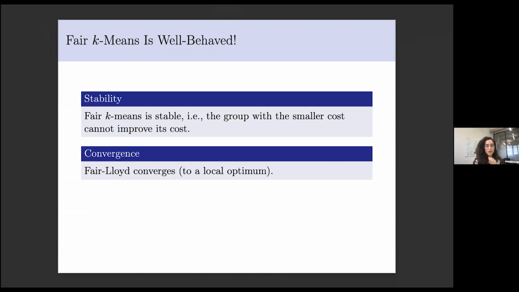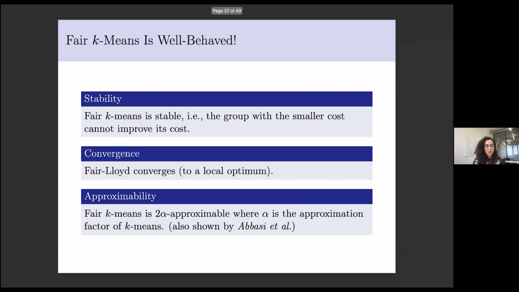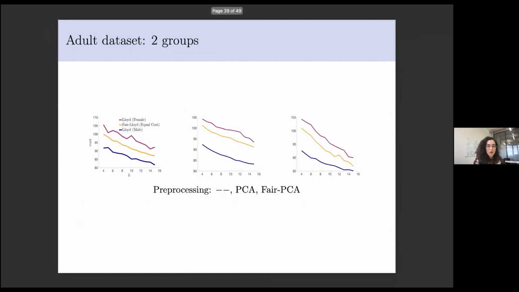Our fair Lloyd algorithm converges to a local optimum, and furthermore, if you have an alpha approximation for k-means, this naturally translates to a 2-alpha approximation for the fair k-means, and this result has been shown independently by Abbasi et al. as well.